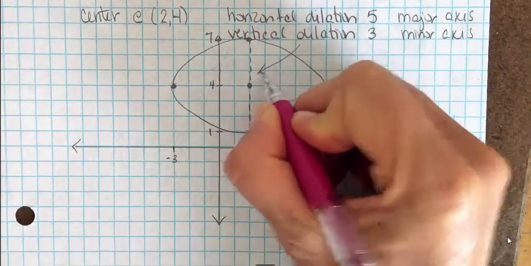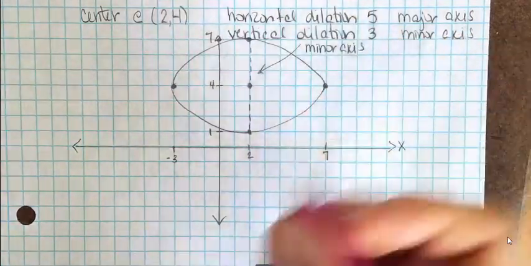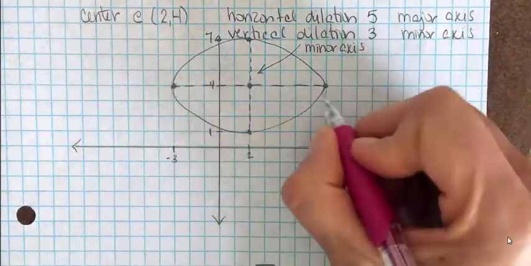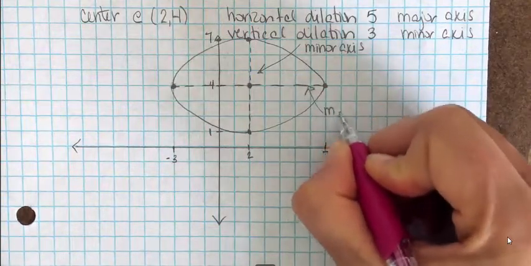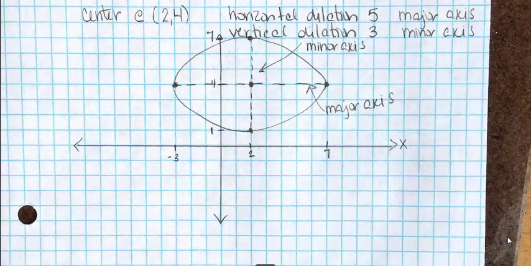Let's see, I'll label it like this: minor axis. And then my major axis is my horizontal axis. Okay, so the minor axis is always the smaller axis. The major axis is always the longer axis.